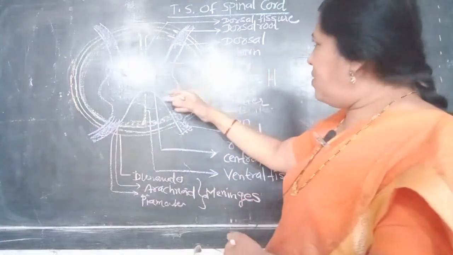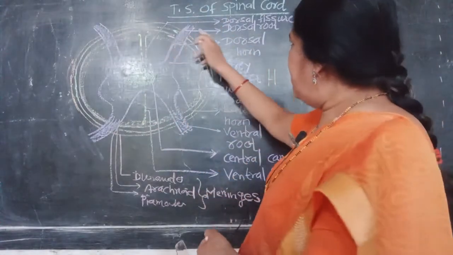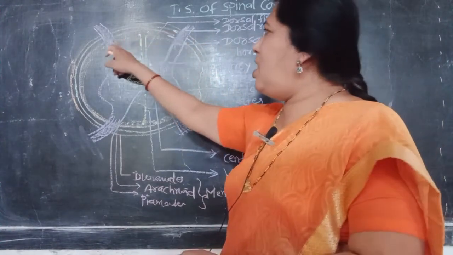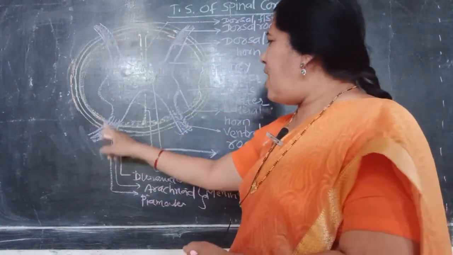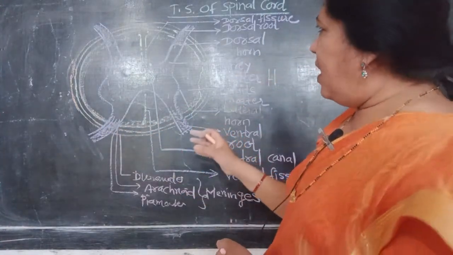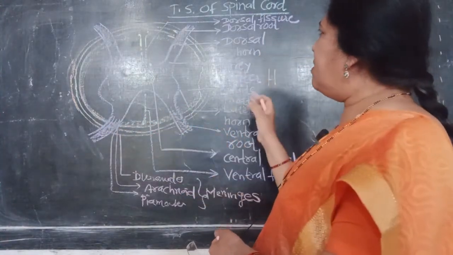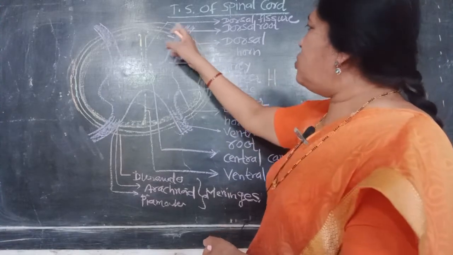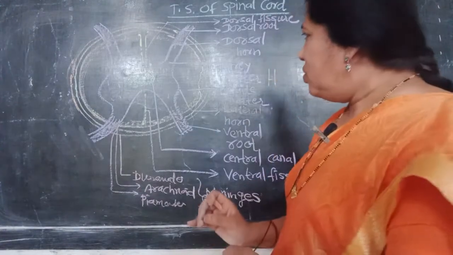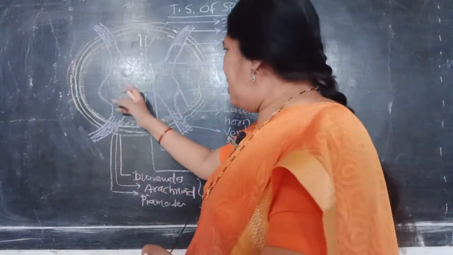And these horns end into roots. So these are dorsal roots and these are ventral roots. Grey matter emerges outside the white matter by means of these roots, dorsal roots and ventral roots. Then see, this is the central canal.